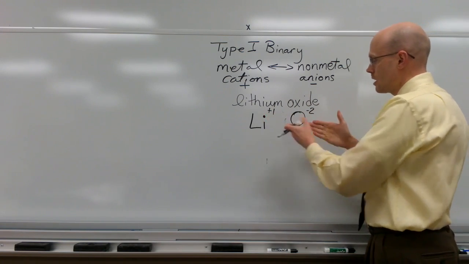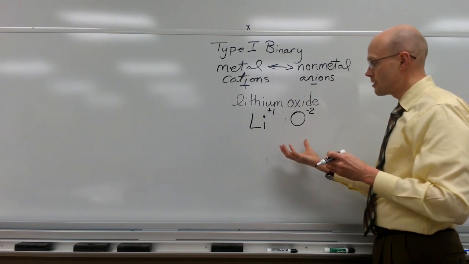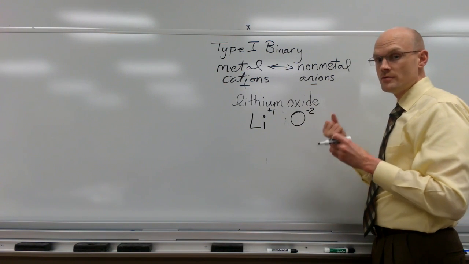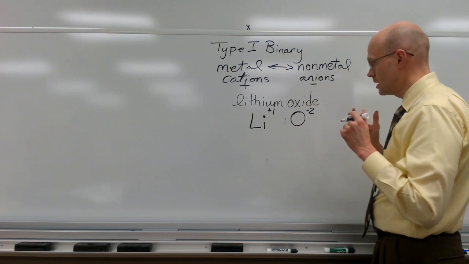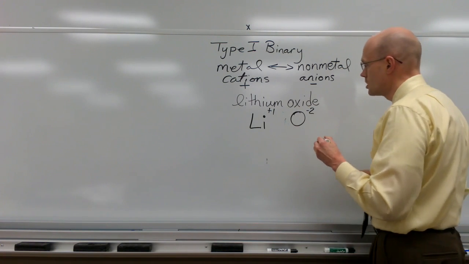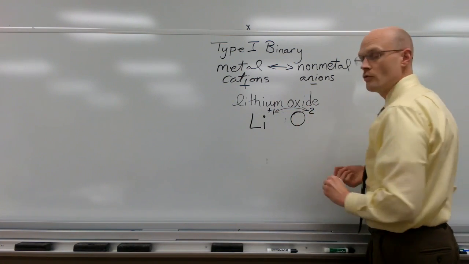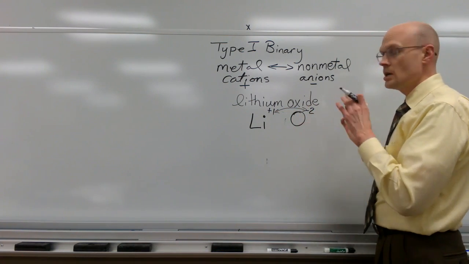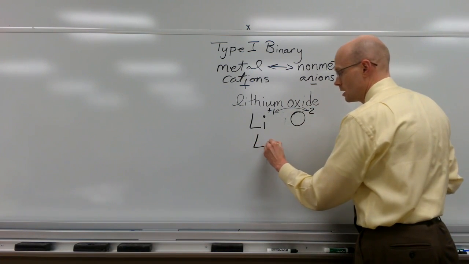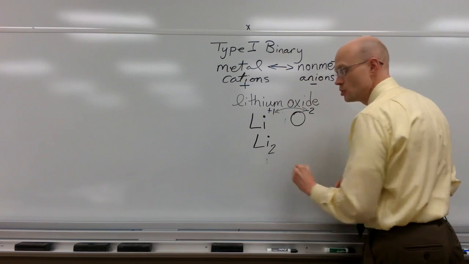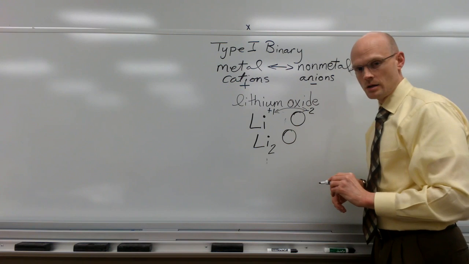Now, these two ions are going to come together in a specific ratio so that together there's a net charge of 0, that it will be charge neutral. So the easy way of determining that ratio is taking the charges and crossing them over so that we get the appropriate ratio. So we need lithium, we need 2 of those, and 1 of the oxide ions.